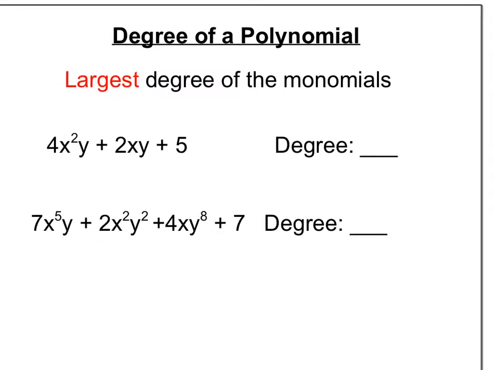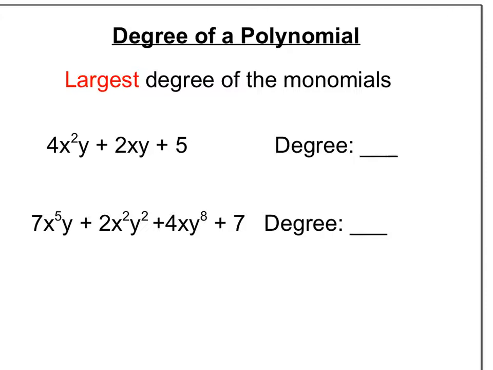Now to talk about degree of polynomials. So you can see here, this polynomial has 1, 2, 3 terms separated by addition. And the second polynomial has 1, 2, 3, 4 terms. So let's spend some time and look at what the degree is for each of these.